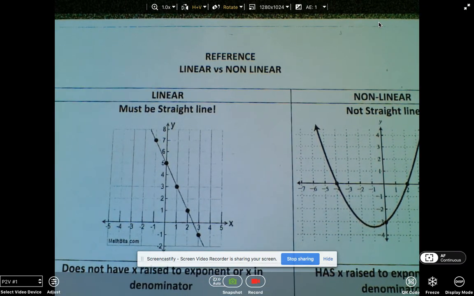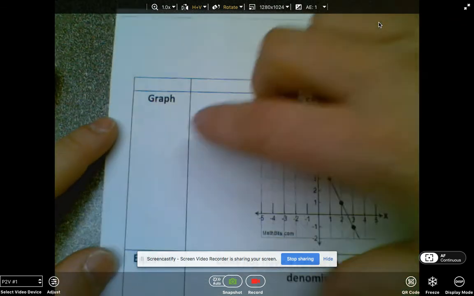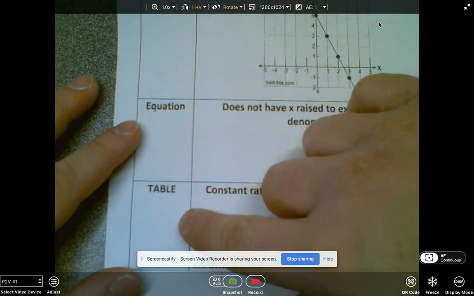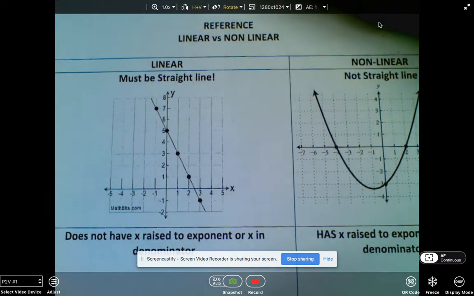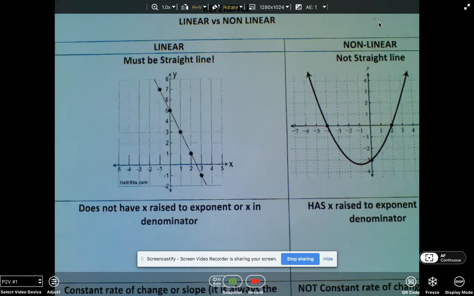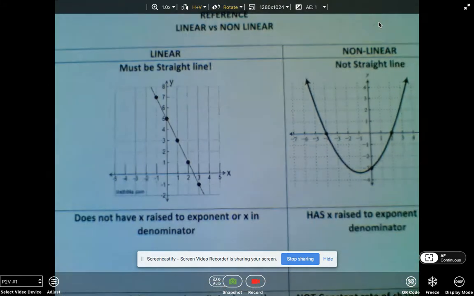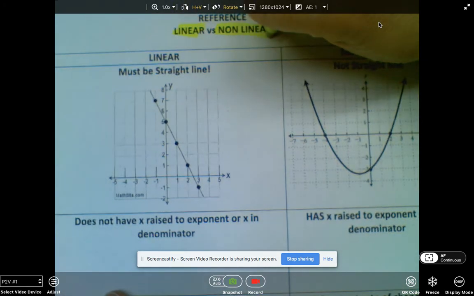Back in second quarter, we talked a lot about linear relationships, and we did graphs, equations, and tables. A really simple but common topic for 8th grade and on the MCAS is whether or not something is a linear function, and then there's everything else, which is nonlinear functions.